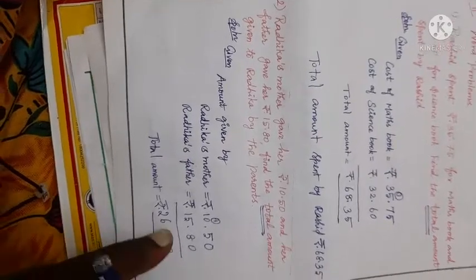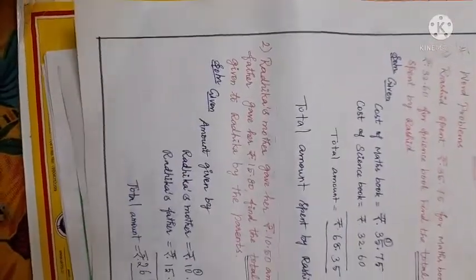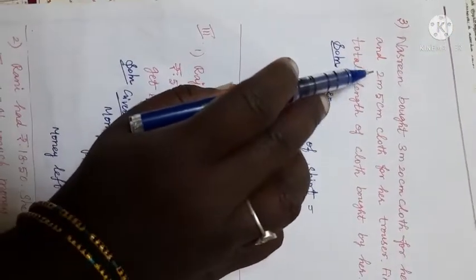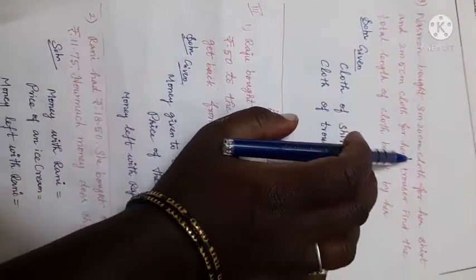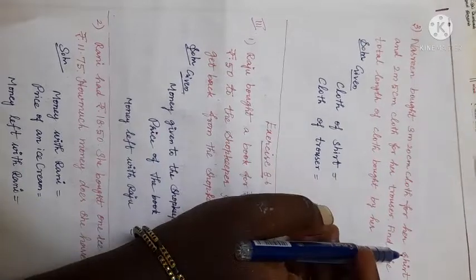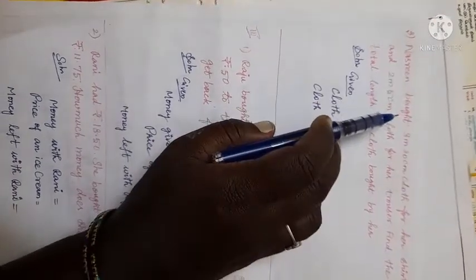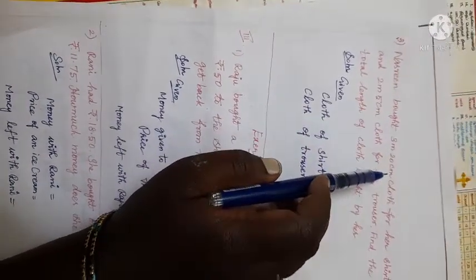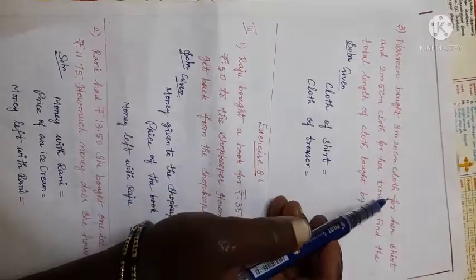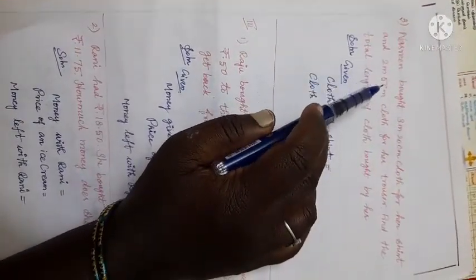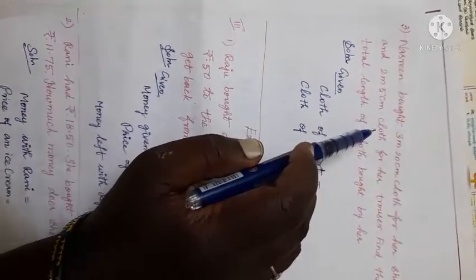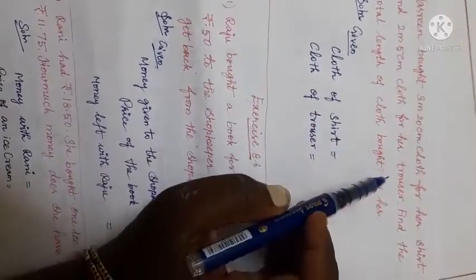Okay, next. The third question. Nasreen bought 3 meter 20 centimeter cloth for her shirt and 2 meter 5 centimeter cloth for her trouser.